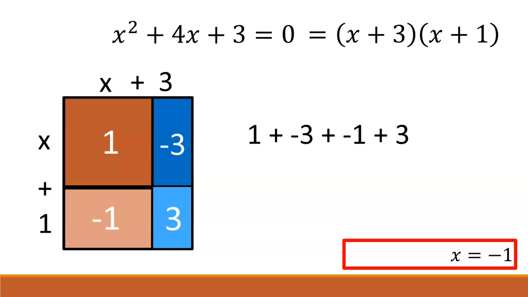So the total of all those numbers is the area of the large rectangle, which is 0. And that's exactly what we needed it to be to confirm that negative 1 is also a solution to the quadratic equation. So we've used our area model to prove that negative 3 and negative 1 are both solutions to our quadratic equation.